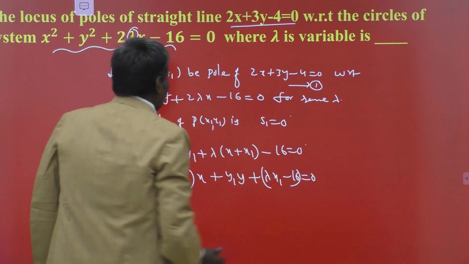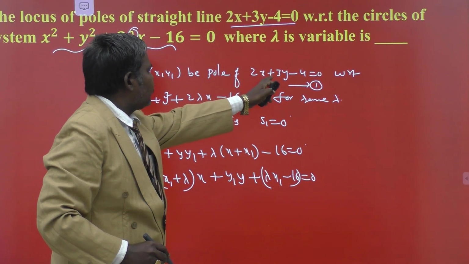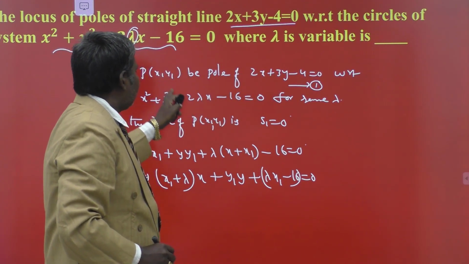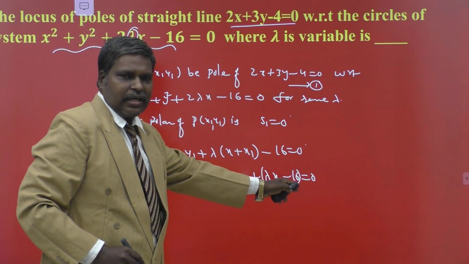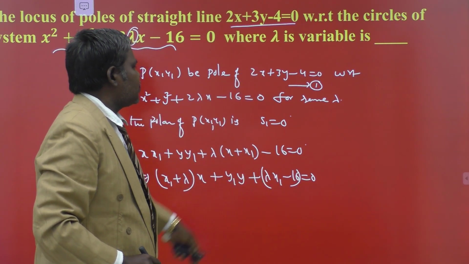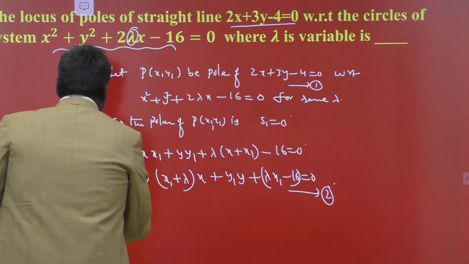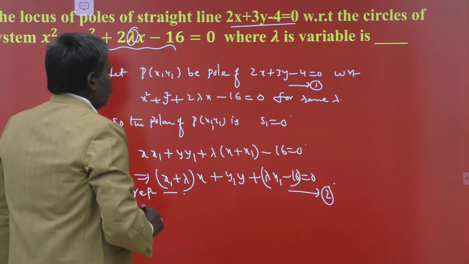This is the obtained polar for (x1, y1), the polar of this point with respect to the circle. Therefore, these two equations, 1 and 2, represent the same line.